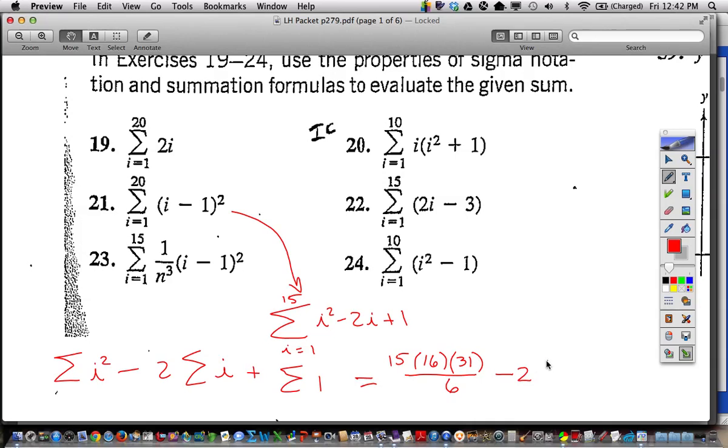Then we would have minus 2, and then we would have sigma i. Sigma i is n times n plus 1 divided by 2. And then the last one, sigma 1, sigma of a constant, is the constant times n, which in this case, again, n is 15.